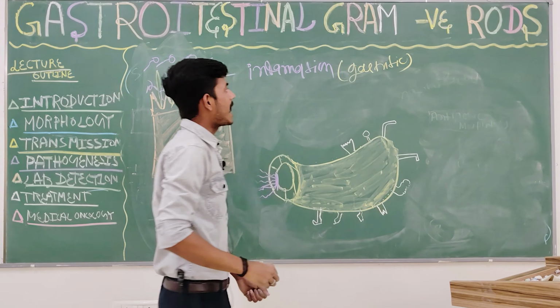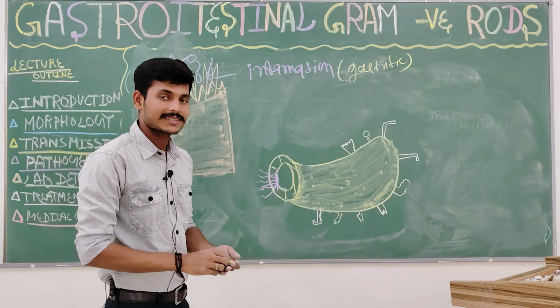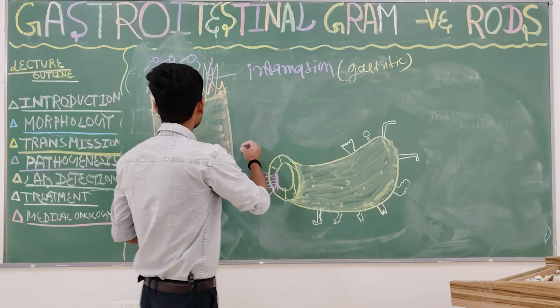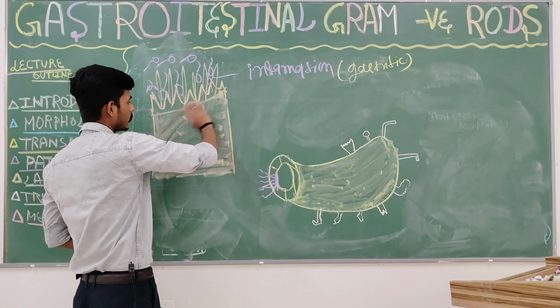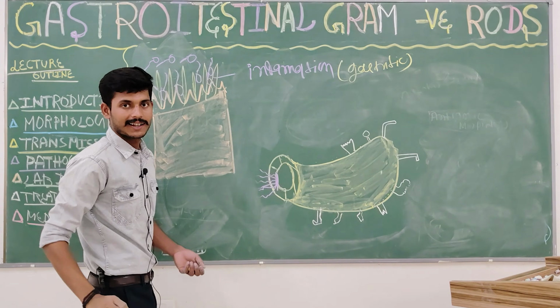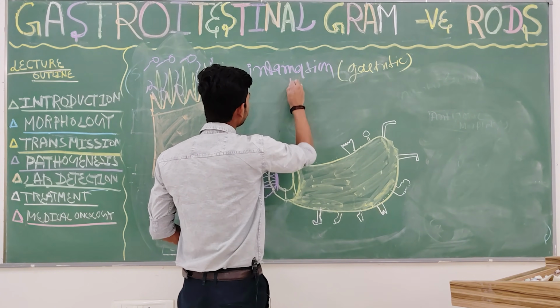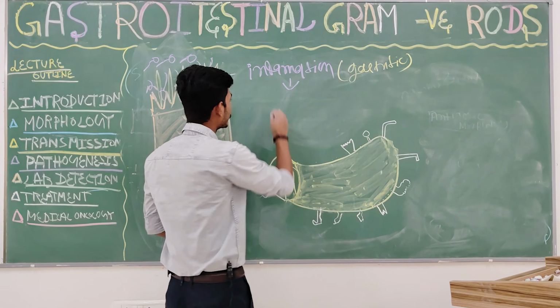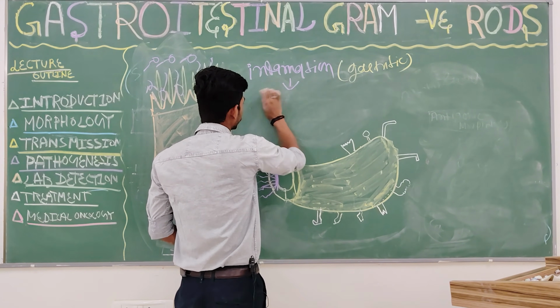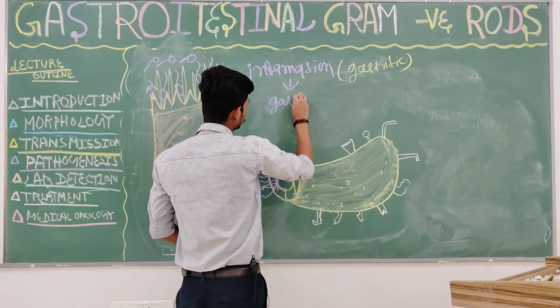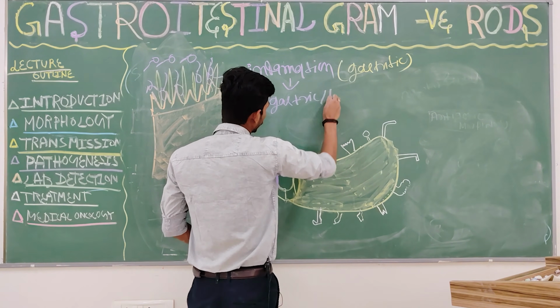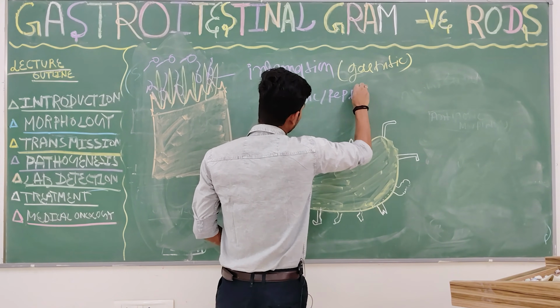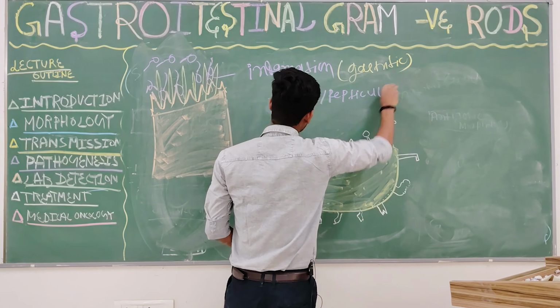Now, after causing the inflammation, it starts the ulceration. It starts decoating the epithelial lining, and that is referred to as ulceration, or called gastric or peptic ulcers.